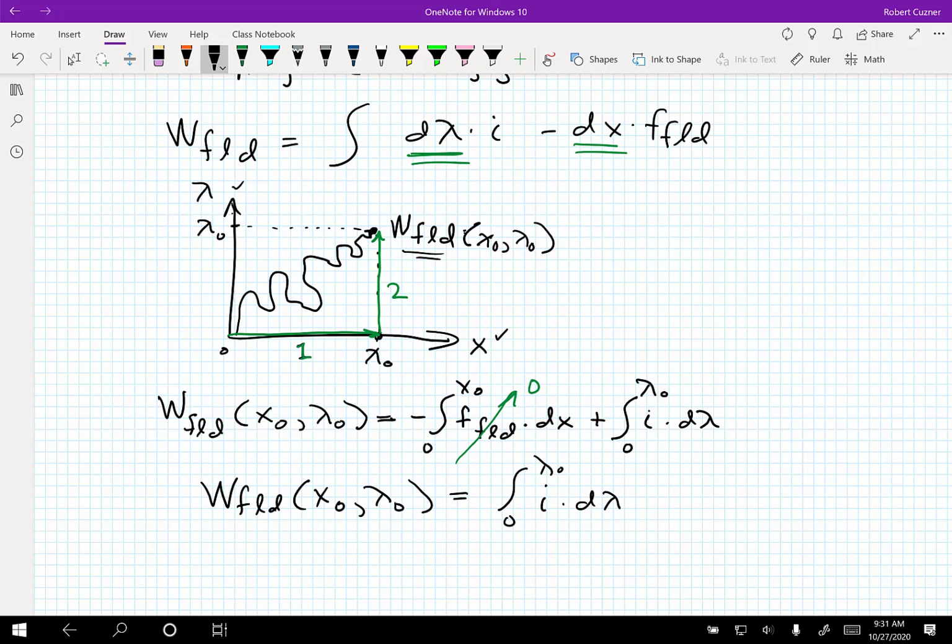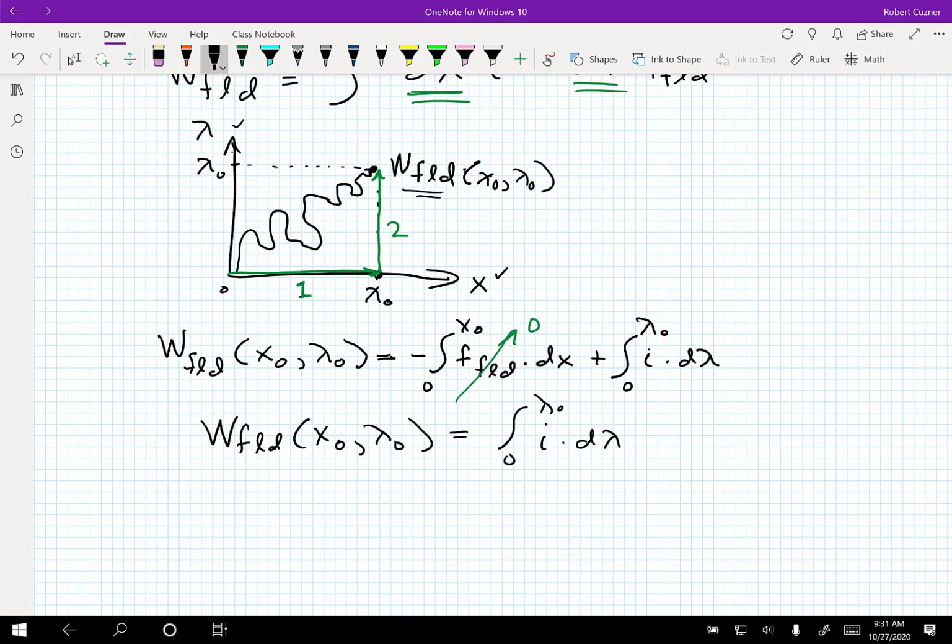I'm also going to write this a little more specifically, and we're going to say that the I is the current that is occurring at the position x0, but it could be varying with lambda.